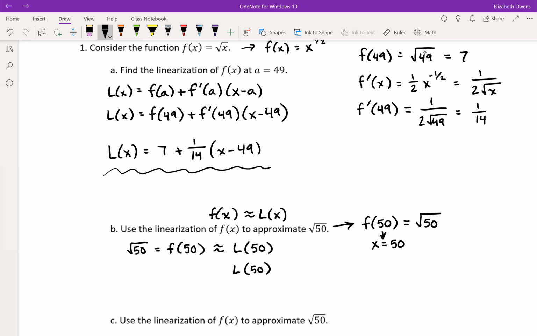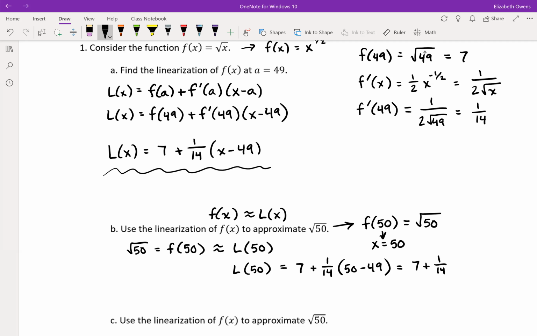L of 50 equals 7 plus 1/14 times x minus 49, so that would be 50 minus 49. Okay, that'd be 7 plus 1/14.